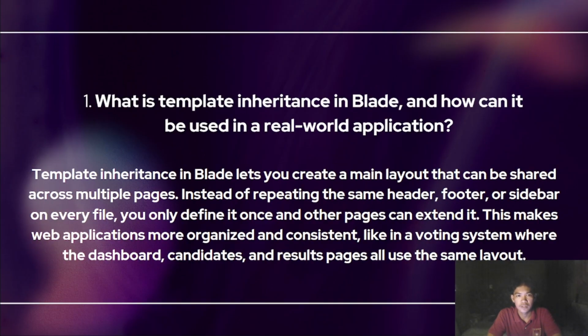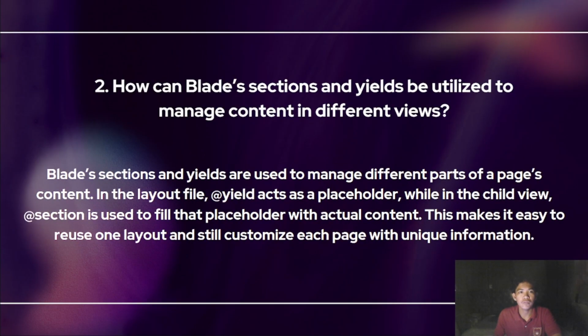So, number 2, how can Blade sections and yields be utilized to manage content in different views? Blade sections and yields are used to manage different parts of a page's content.